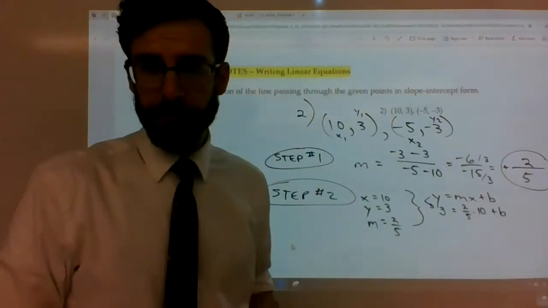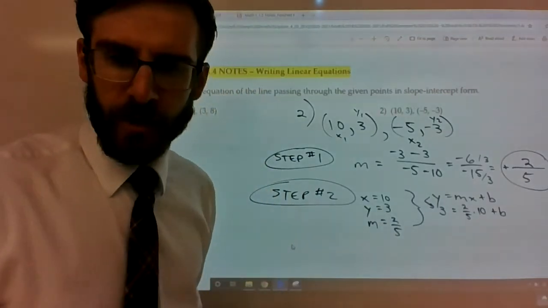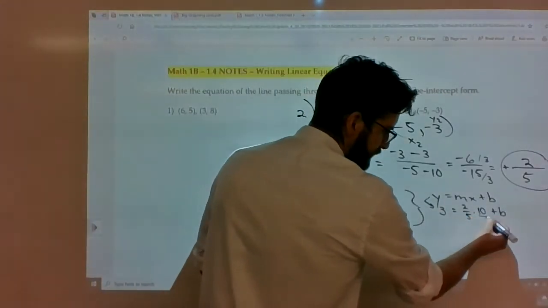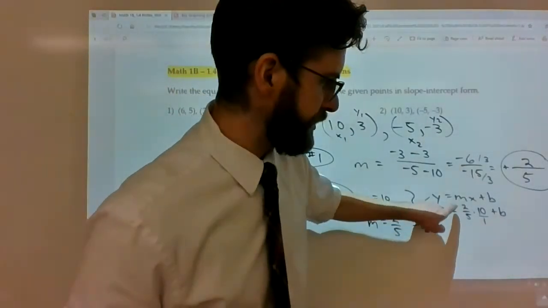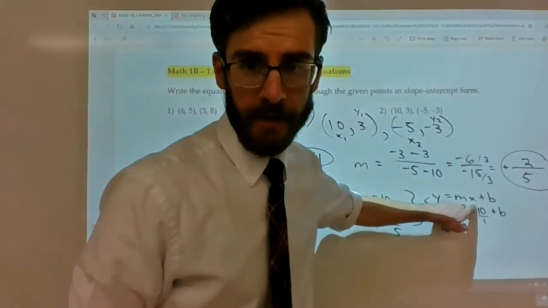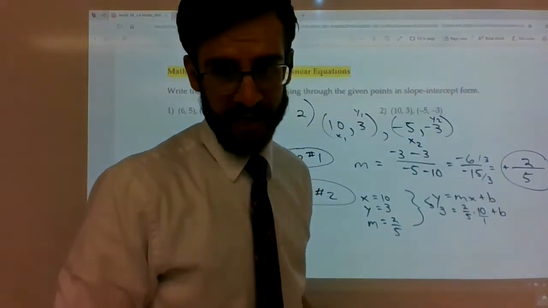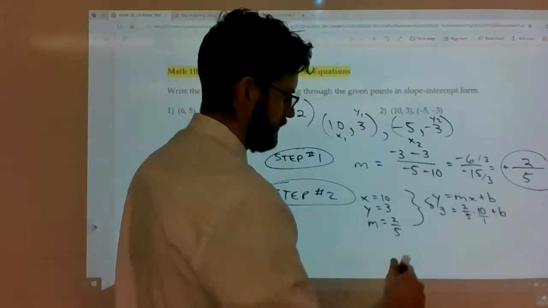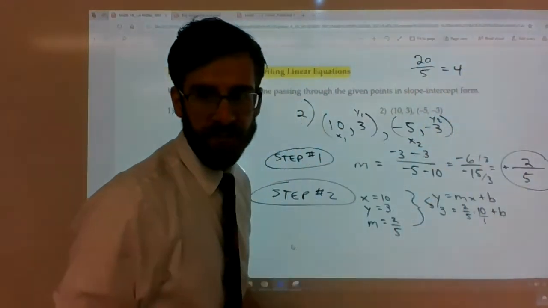If you've got a calculator, feel free to use it on the 2/5 times 10. But know that you do have the information to just multiply by 10 over 1. Fractions, you can just multiply straight across. 2 times 10 is 20, 5 times 1 is 5. So you get 20 divided by 5, which ends up being 4.